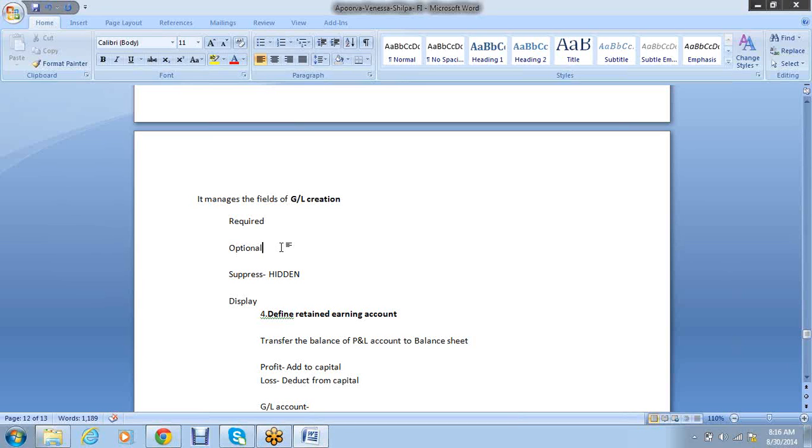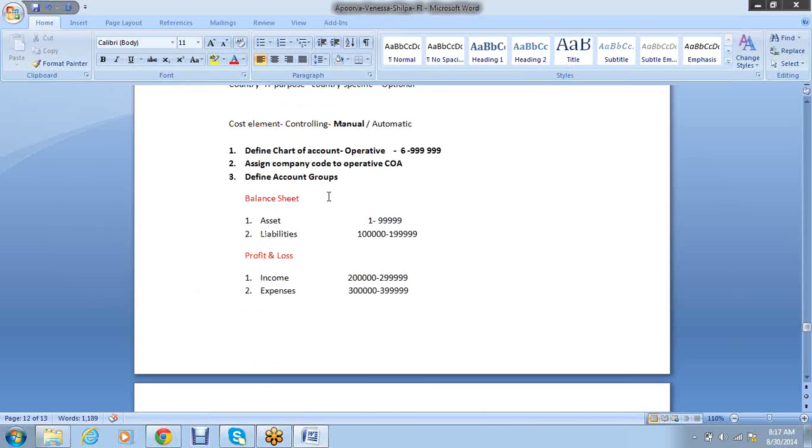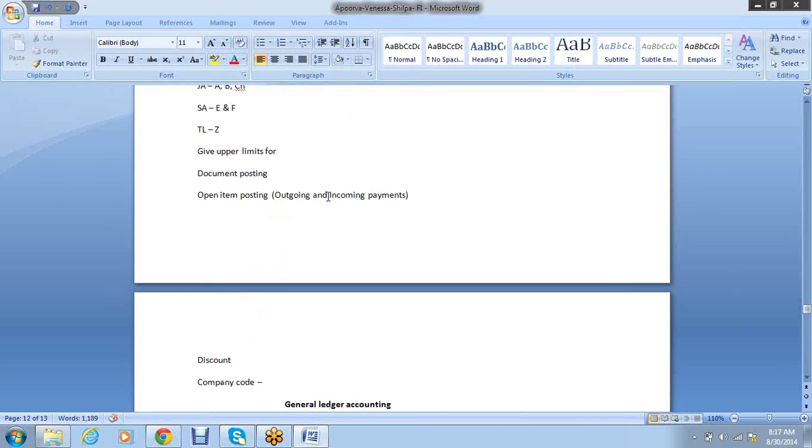While posting, it is mandatory that we give the field status group to your GL account. Based upon the field status group, the system will determine the fields of GL posting. Remember, only GL posting.